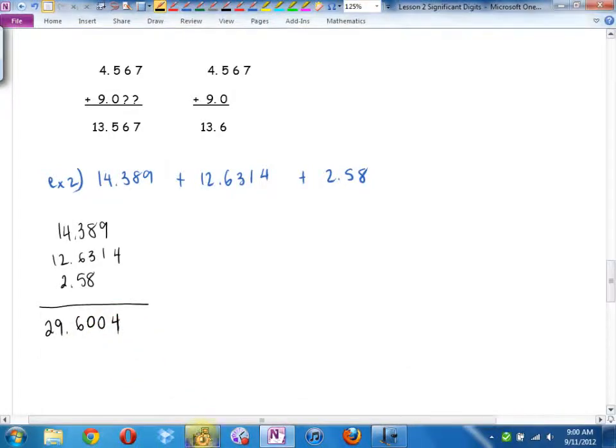With 2 zeros. Check, check, check. Check.